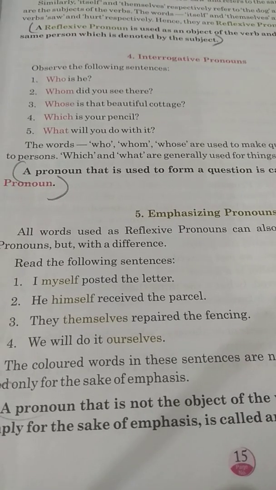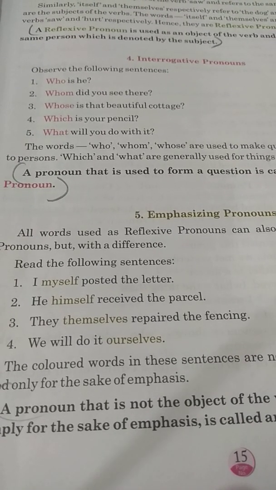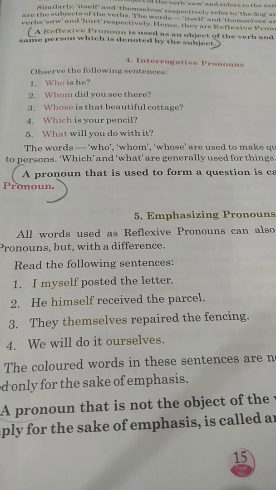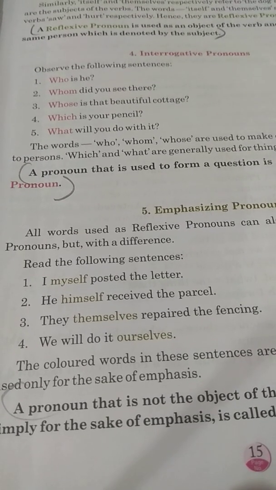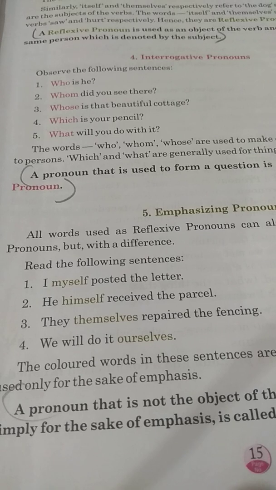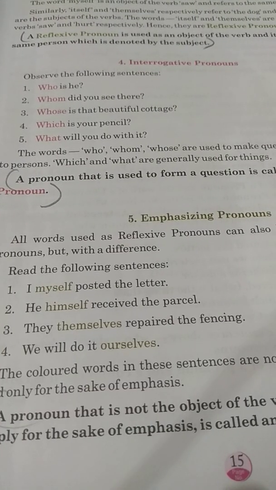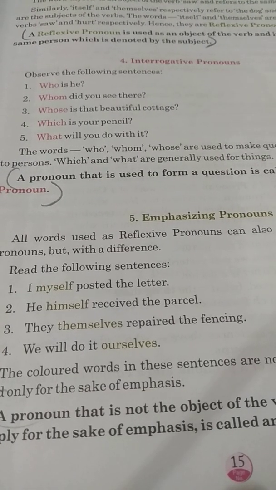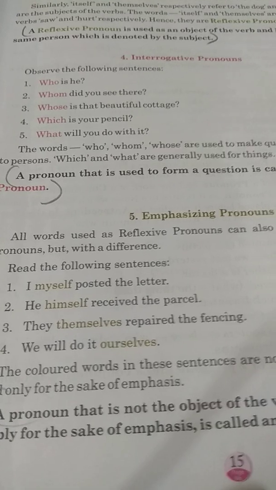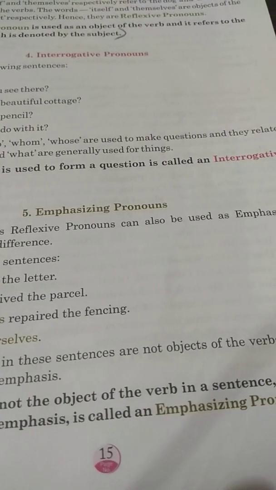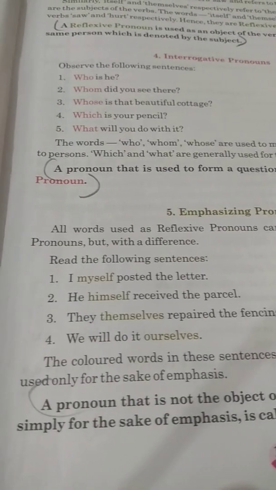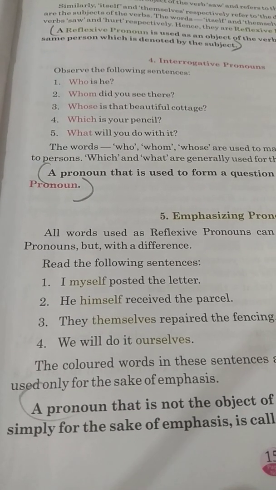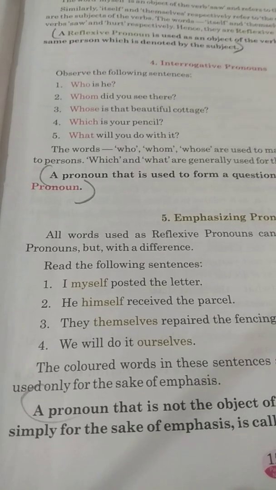As we read, in reflexive pronouns also the same words were used, but with a little difference. The colored words myself, himself, themselves, ourselves in these sentences are not objects of the verbs. They are used only for the sake of emphasis.